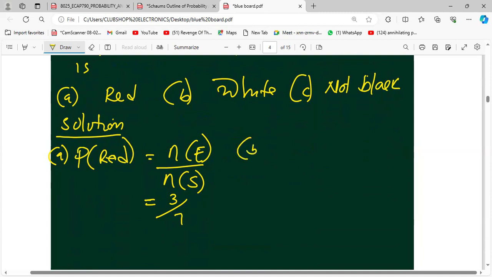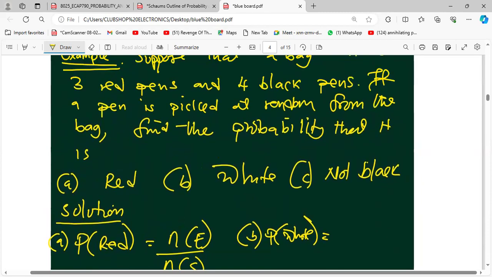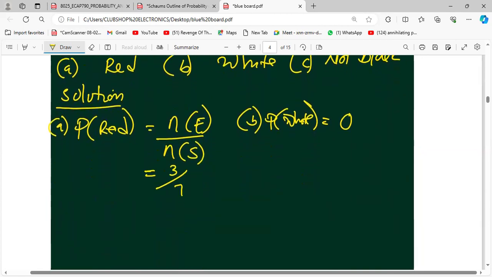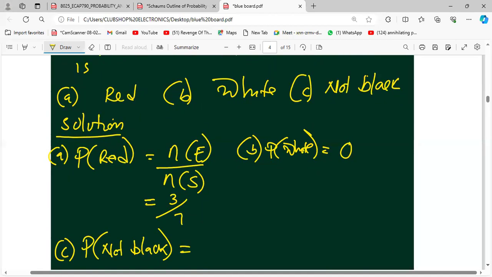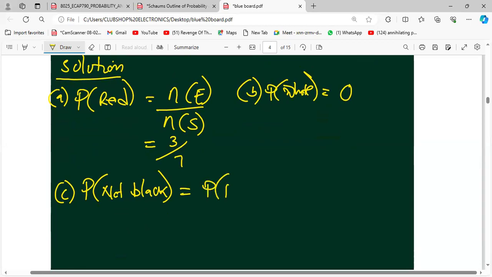Then B, probability that it is white. It is clear that we do not have white pens, so the probability is 0. C, probability that it is not black. We only have 2 events, that is black and red. So if it is not black, then that is the probability of red, right? So what's the probability of red? It is 3/7.